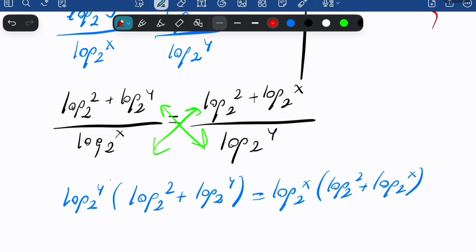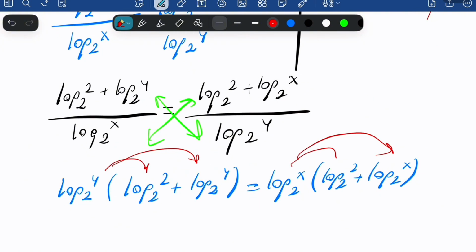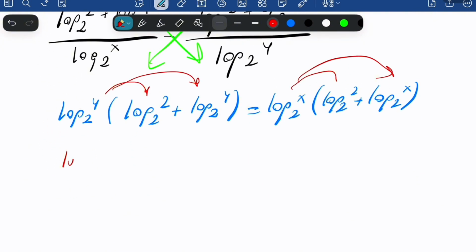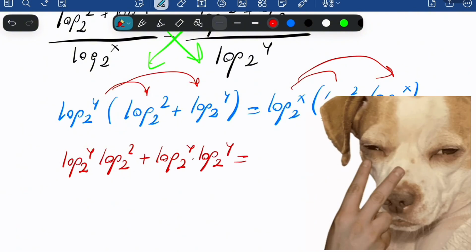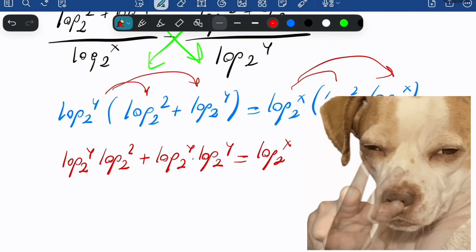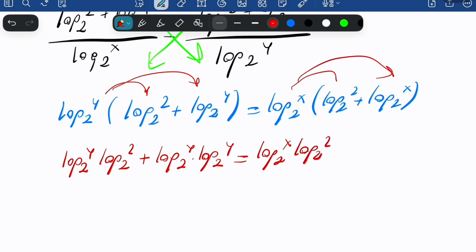We can distribute this term in this bracket. Continuing, we get log base 2 of y times log base 2 of 2, plus log base 2 of y squared, equals log base 2 of x times log base 2 of 2, plus log base 2 of x squared.